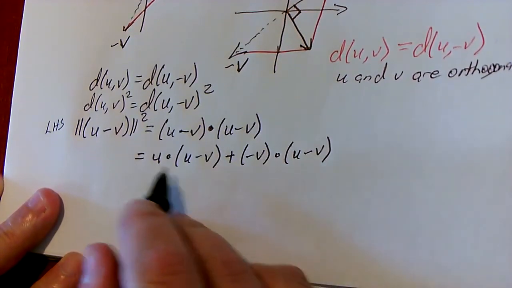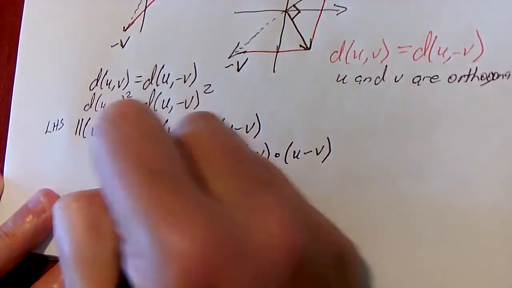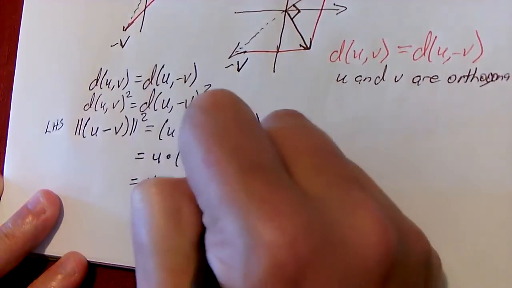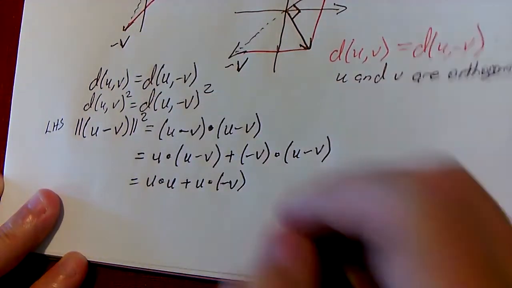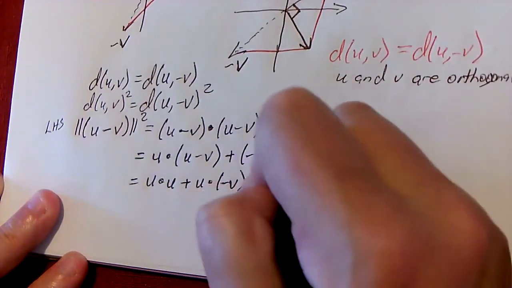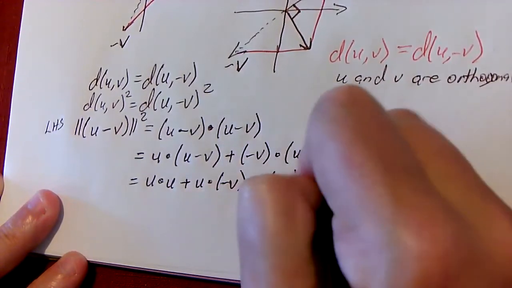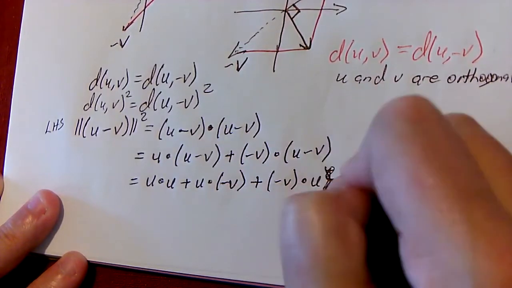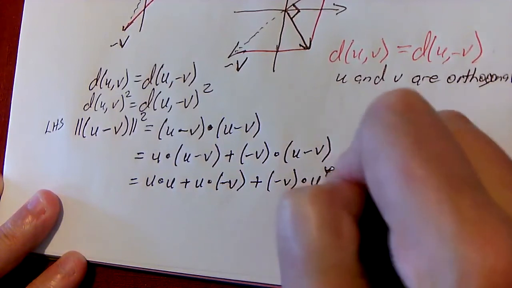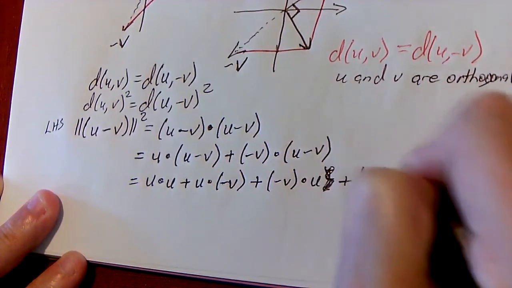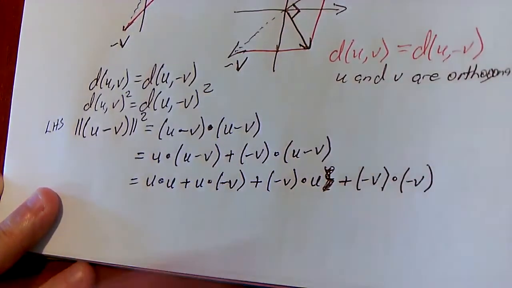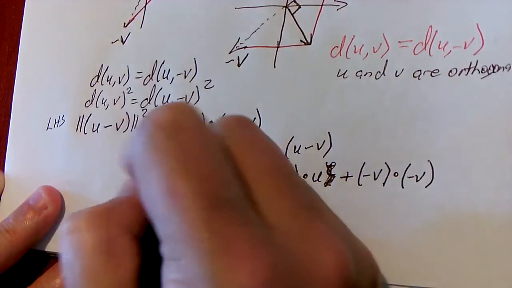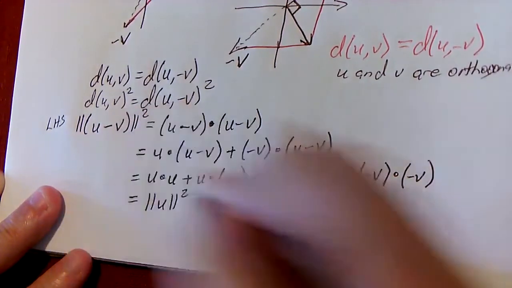Now I can do distribution on that. So I'm going to have u dot u plus u dot negative v plus negative v dot u plus negative v dot negative v. Well, u dot u we know is the norm of u squared.